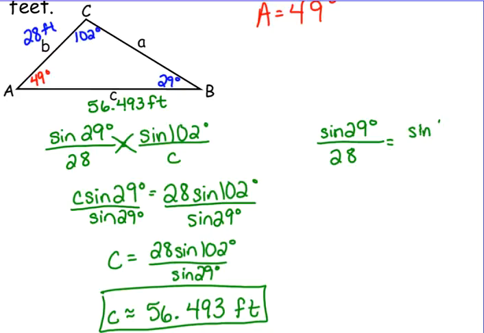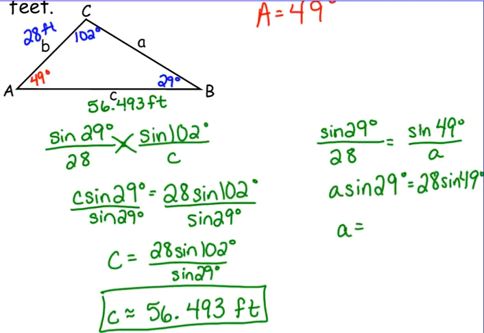As much as possible, I try to avoid using information that I have gotten as an answer, just in case I made a mistake in getting that answer. So I'm going to go back to what they gave me. This is going to be the exact same process. A sine of 29 degrees is equal to 28 sine of 49 degrees. Divide by the sine of 29 degrees. So A is equal to 28 sine of 49 degrees divided by the sine of 29 degrees.